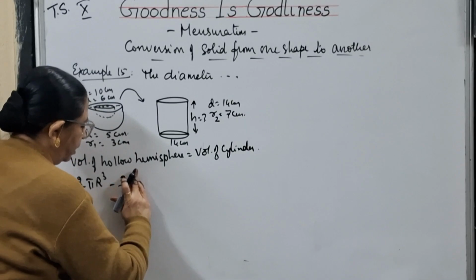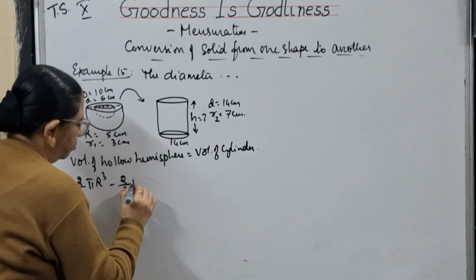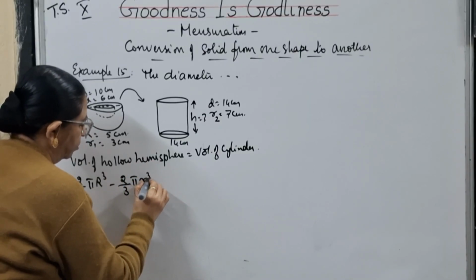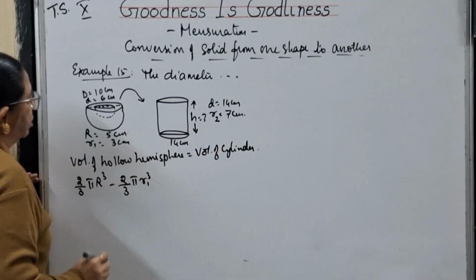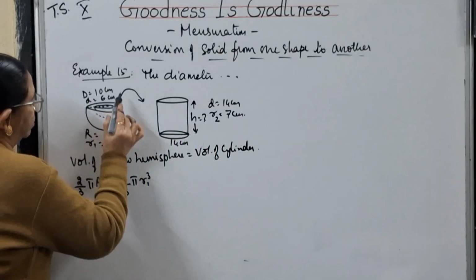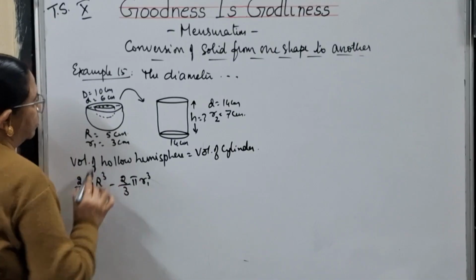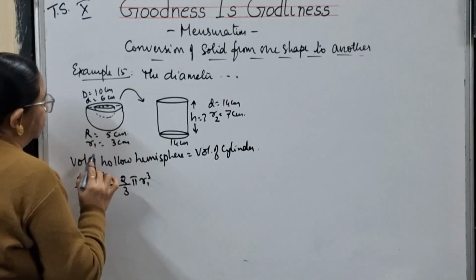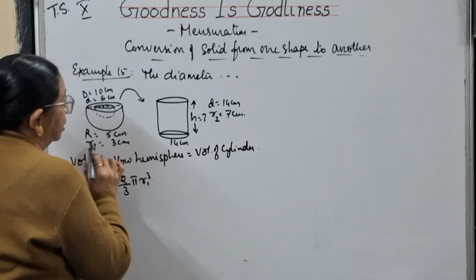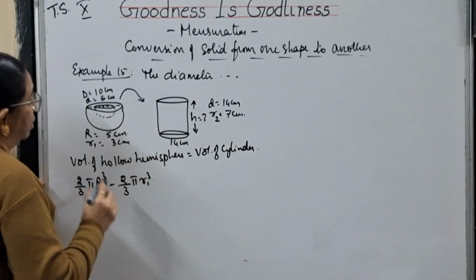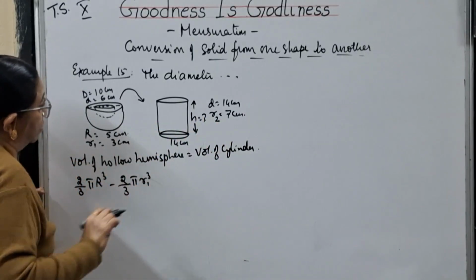2 by 3 pi R1 cube. I have separated R and R1 because capital D is 10 centimeters, which means capital R is 5 centimeters, and small d is 6 centimeters. Why did I say R1 here? Because we have another radius here, and you may get confused about which radius to take.